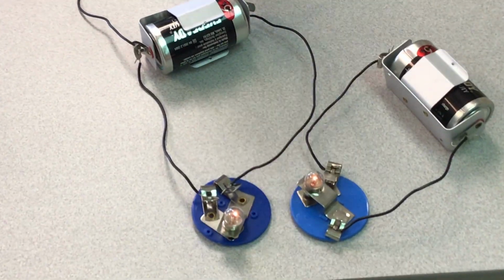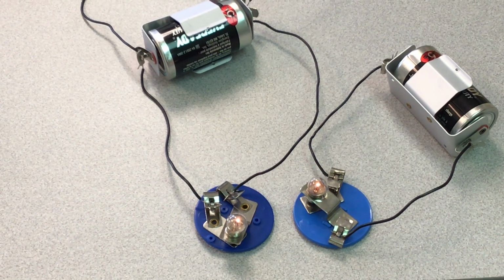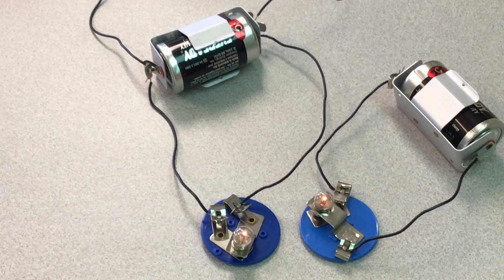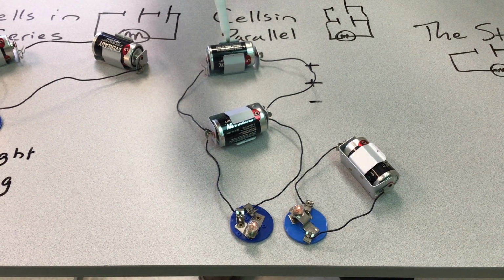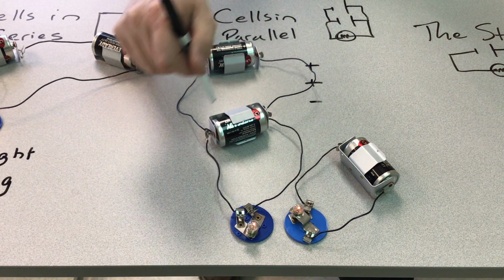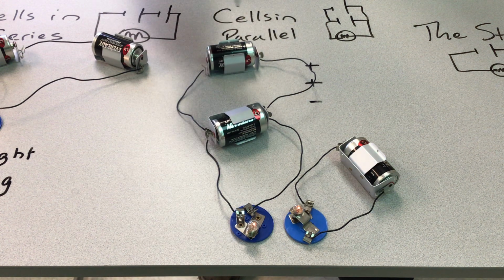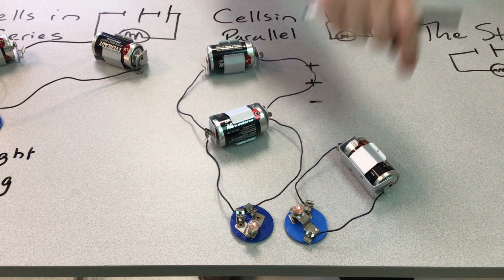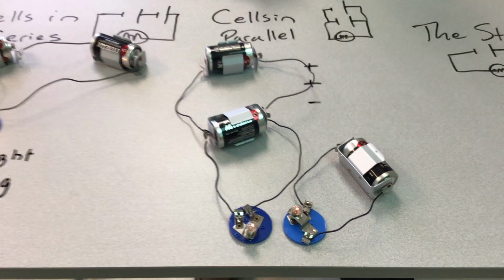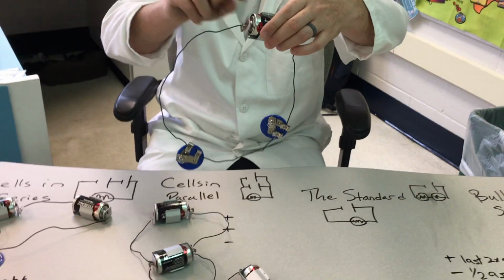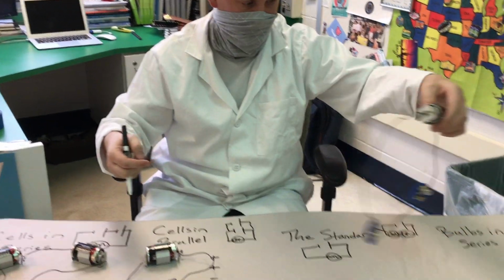Now, I can't easily see what's going on here, but what I can conclude is that I have enough energy coming from the cells to be equal to the energy of one cell. Now, I am not a battery and I never have been, so I don't know how much energy is leaving, but similar to in our bulbs in series, the cell split its energy into 2.